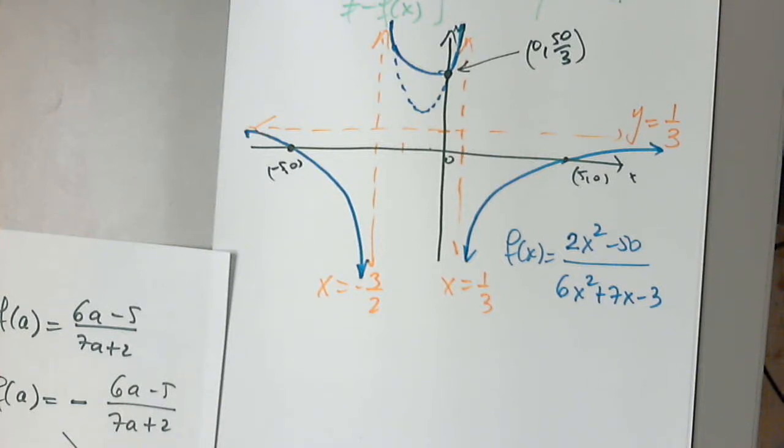Do not forget to put parentheses around the numerator and parentheses around the denominator: 2x squared minus 50, and divide by, in parentheses again, 6x squared plus 7x minus 3. Close the parenthesis. The calculator is not as smart as you are. It will not know to graph a horizontal asymptote of 1/3. So you have to put it in as a second function.